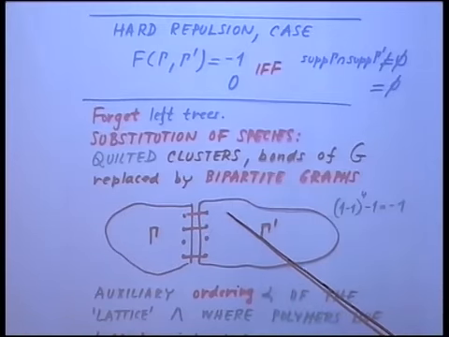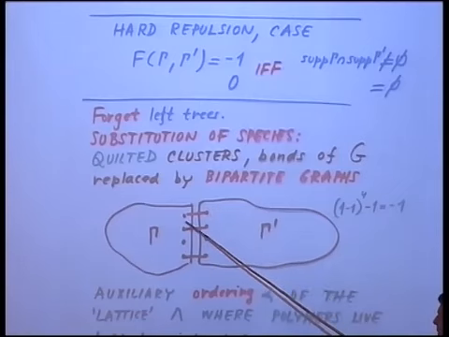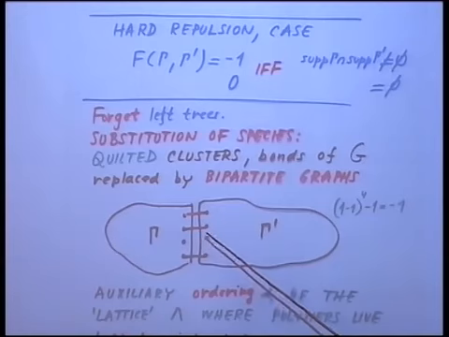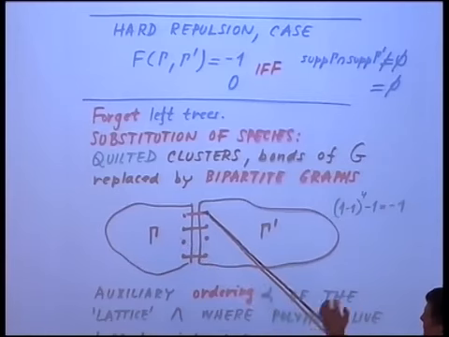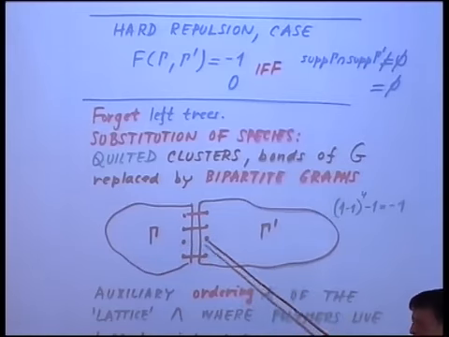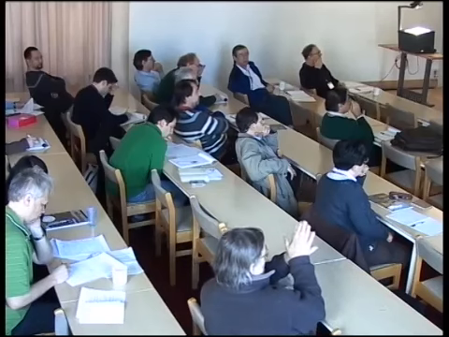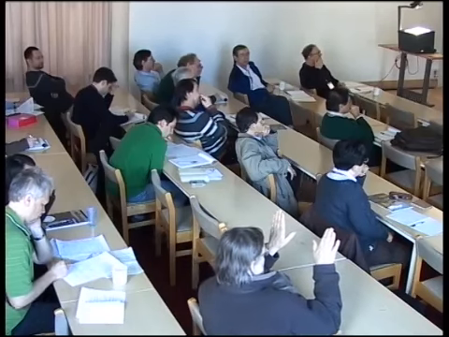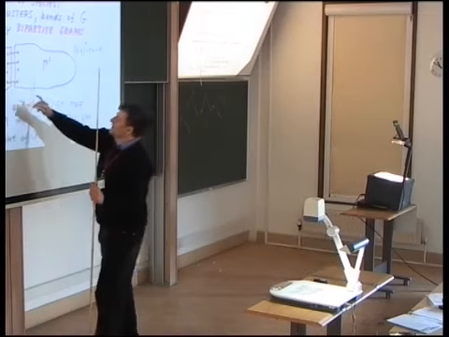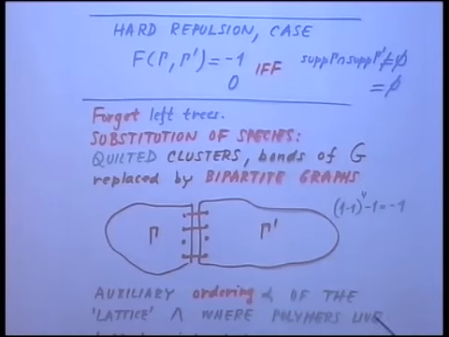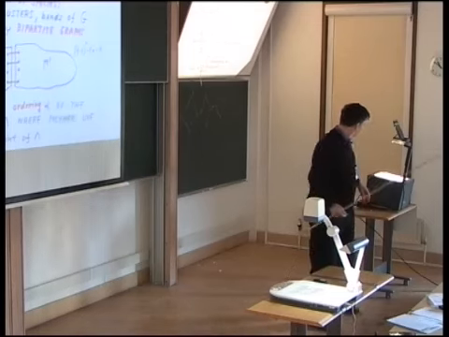And I construct bipartite graphs, non-empty ones, using inequality like this. That is, instead of 1 minus between the 2 polymers, I consider the whole collection of bipartite graphs of this kind. These 4 points, they are really intersecting. How do you double them? Well, the picture maybe is, these are the same points. And you introduce auxiliary edges there.